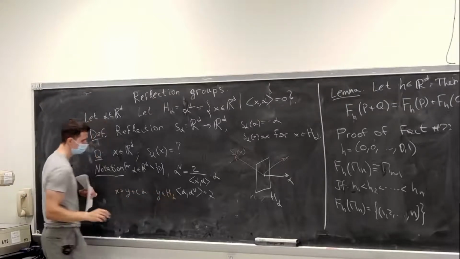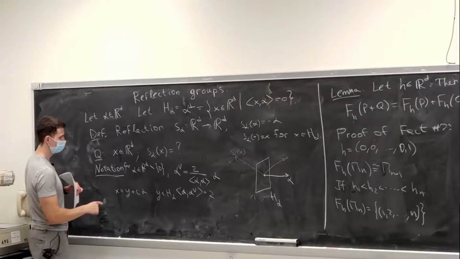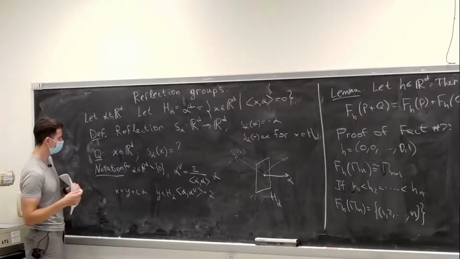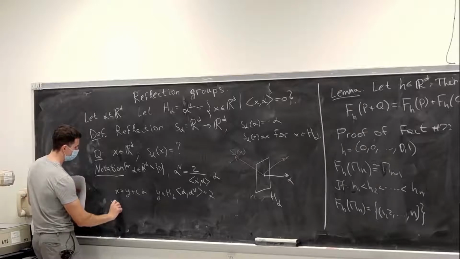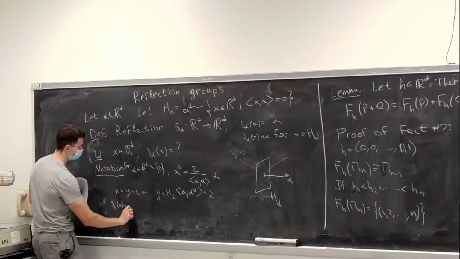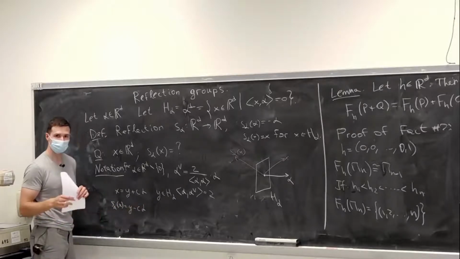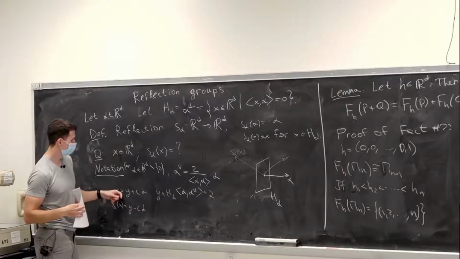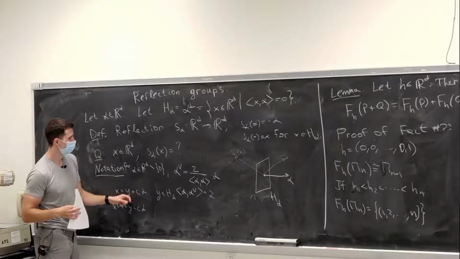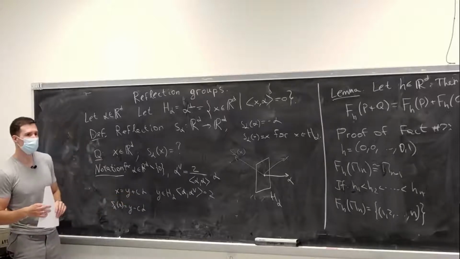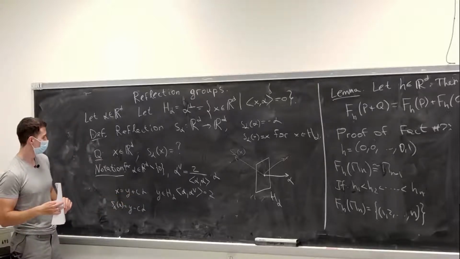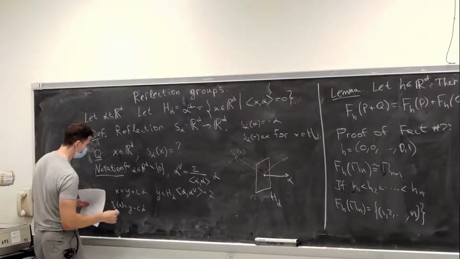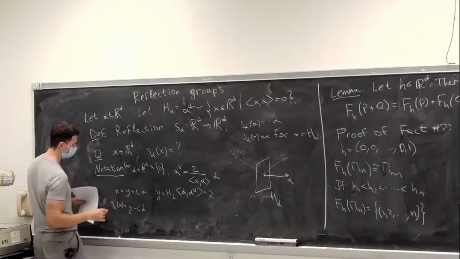Like this? Yeah. Okay, and then you're saying S alpha of x is y minus c alpha, something like that, right? Okay, but how do I find the formula? What's this? Okay, I take the dot product of both parts with alpha, and then I can.